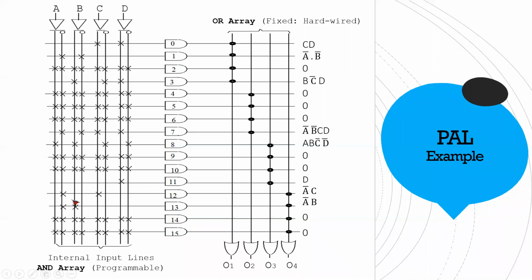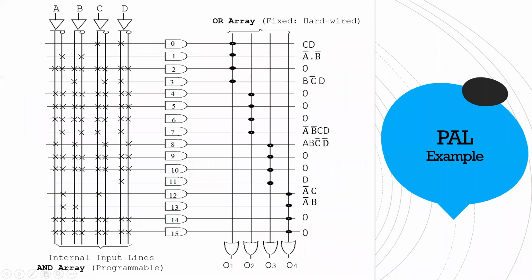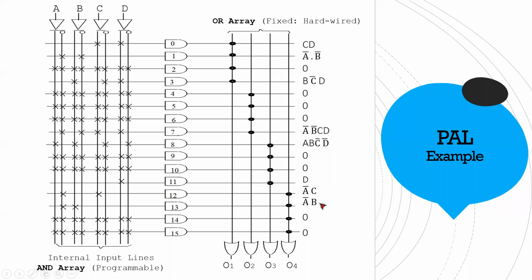Next one, O4 will be A bar C and A bar B. Last one is A bar C, A bar B, right?